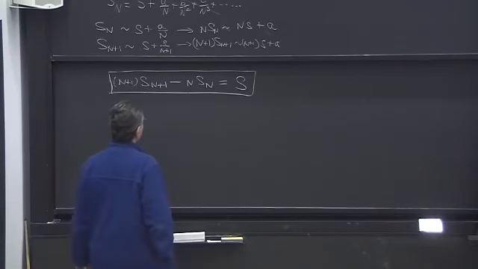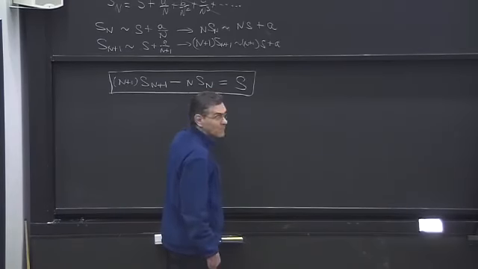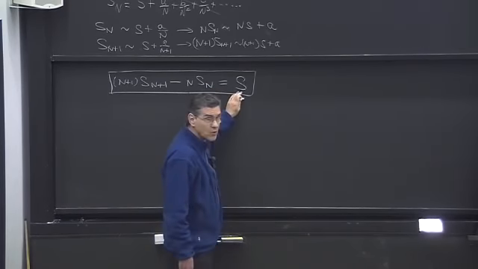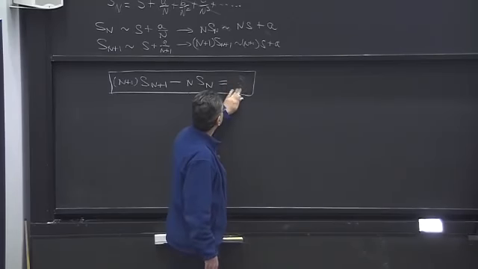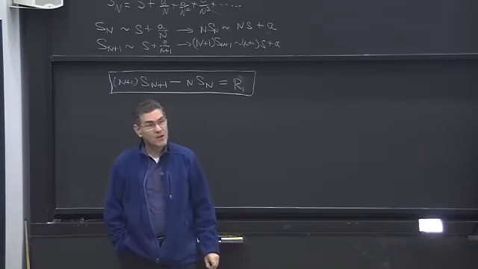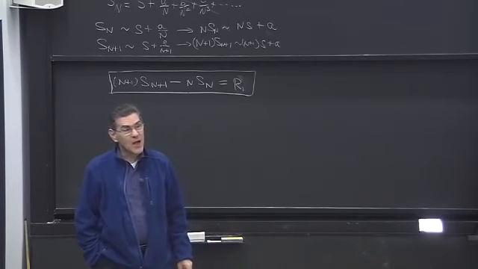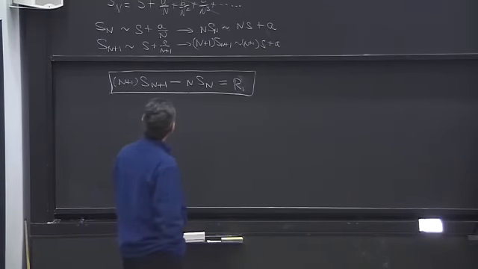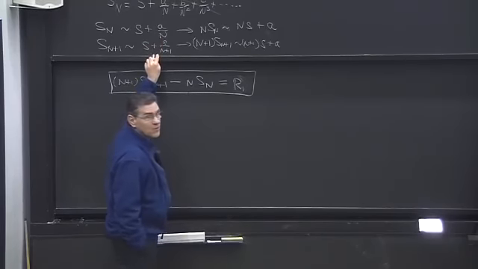Well, I mean, we can call this, okay, I won't call this S, but what I'll call this is R1, okay? R for Richardson, and 1 because I took just the first correction.